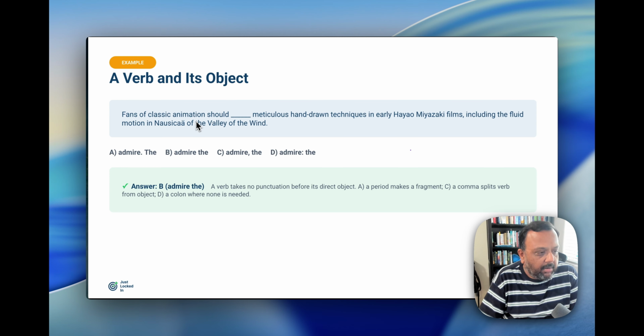Take this example. Okay, verb and its object. Fans of classic animation should admire the meticulous hand-drawn techniques in early Miyazaki films, including the fluid motion in Nausicaä of the Valley of the Wind.